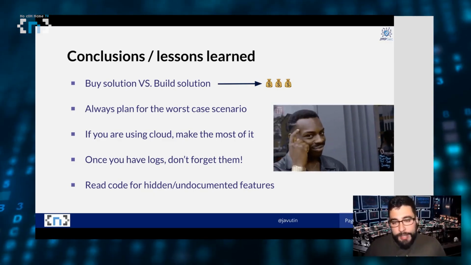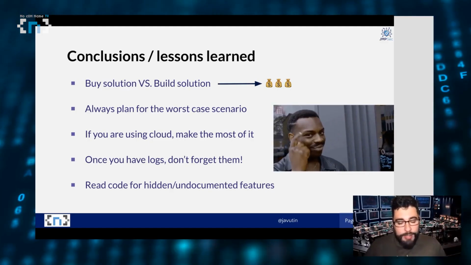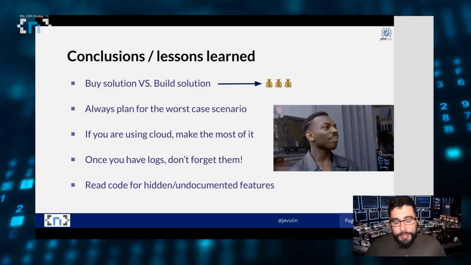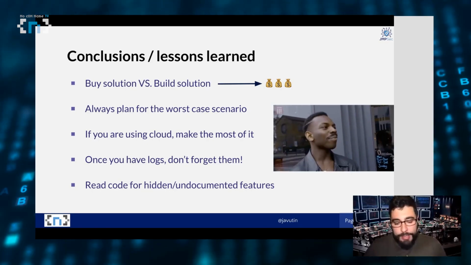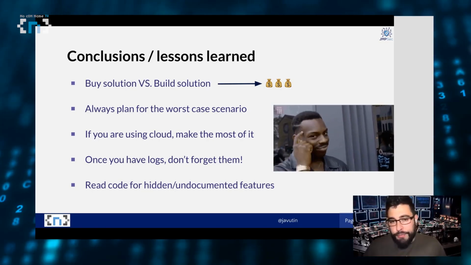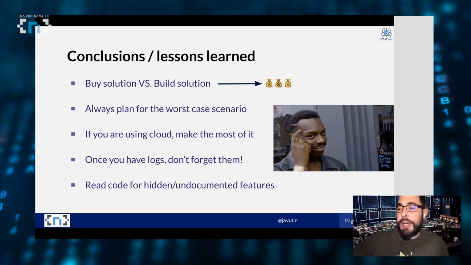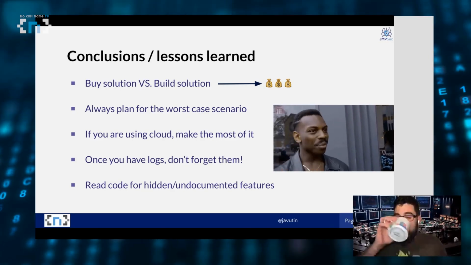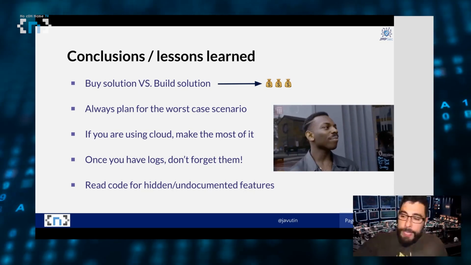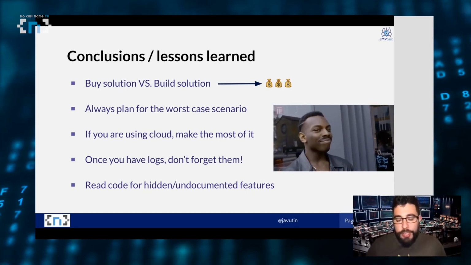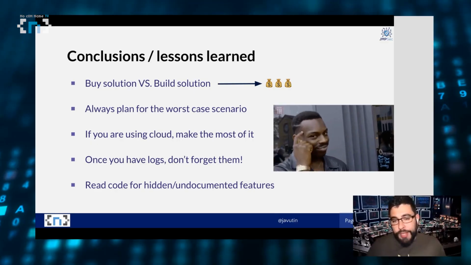In terms of scaling a TLS endpoint, always plan for the worst case scenario. Something will always go bad, and that's going to be the best learning experience. But if you have an incident to learn how part of your infrastructure works, it's not that great. I haven't discussed much what it takes to deploy one of these TLS endpoints in the cloud.